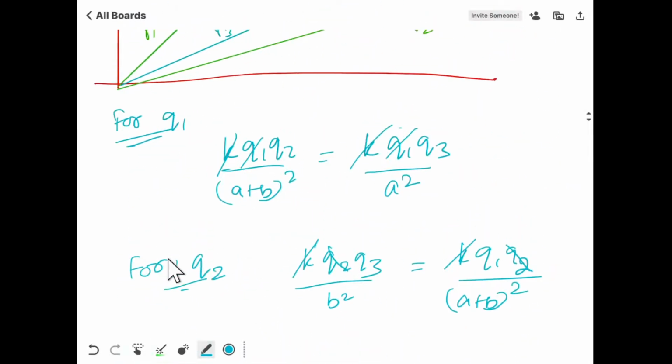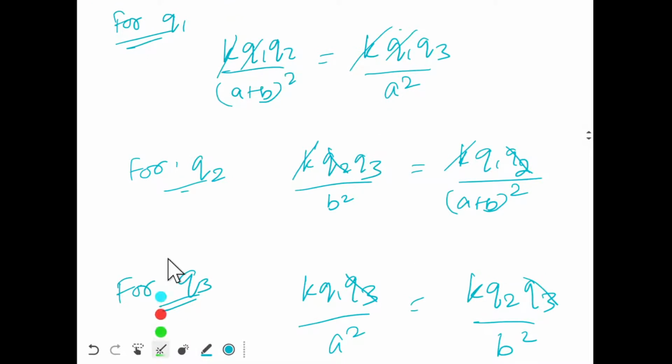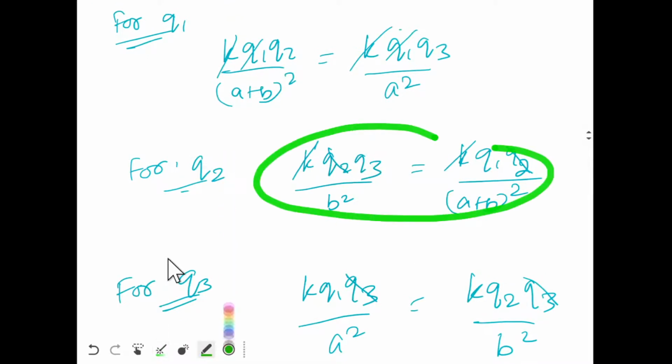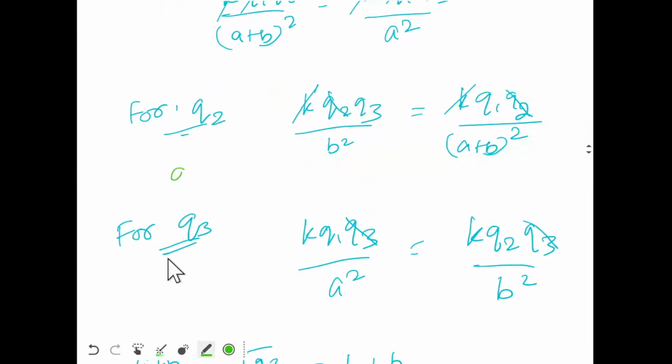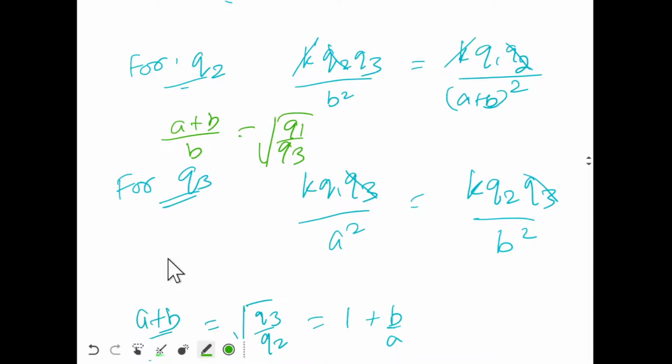Similarly for this part, for q2, what do we get? (a plus b) by b will be root q1 by q3, or 1 plus a by b equal to root q1 by q3.